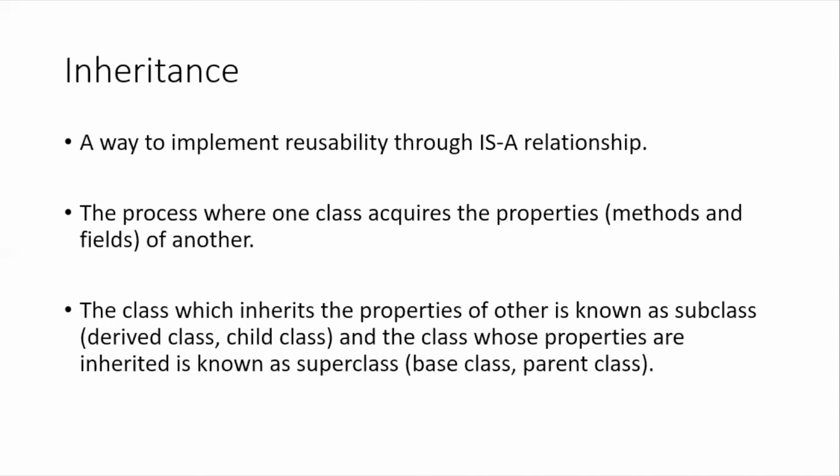So instead of rewriting the functionality again and again in various classes, we are going to reuse the existing functionality. Let's take an example. Say I have a calculator which performs basic operations like addition, subtraction, multiplication, division, modulus, and equal, right?